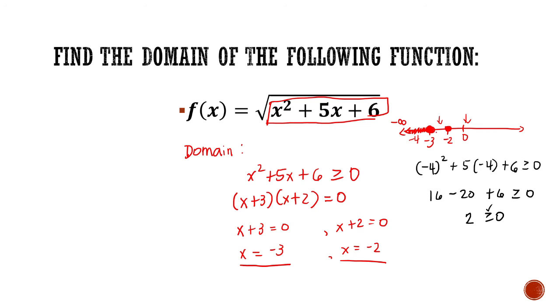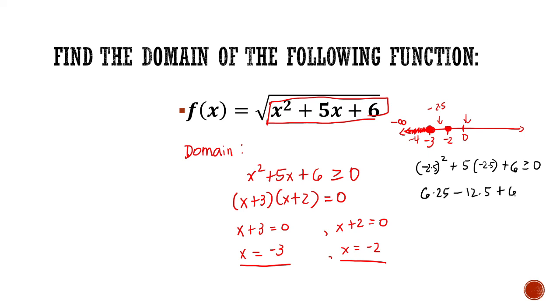Now let's try getting a number sa gitna ng negative 3 and negative 2, and we can have here negative 2.5. So if we are going to substitute negative 2.5, let's see. So negative 2.5 raised to 2 is 6.25. Now 5 times negative 2.5 is negative 12.5.